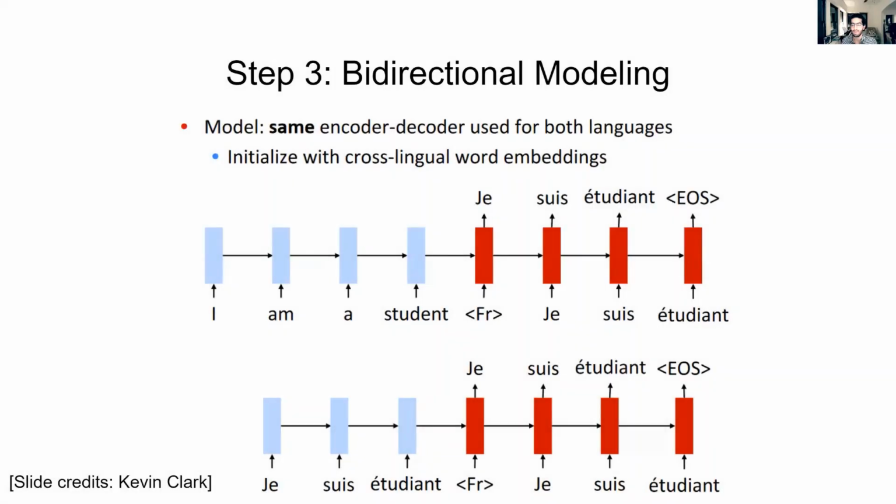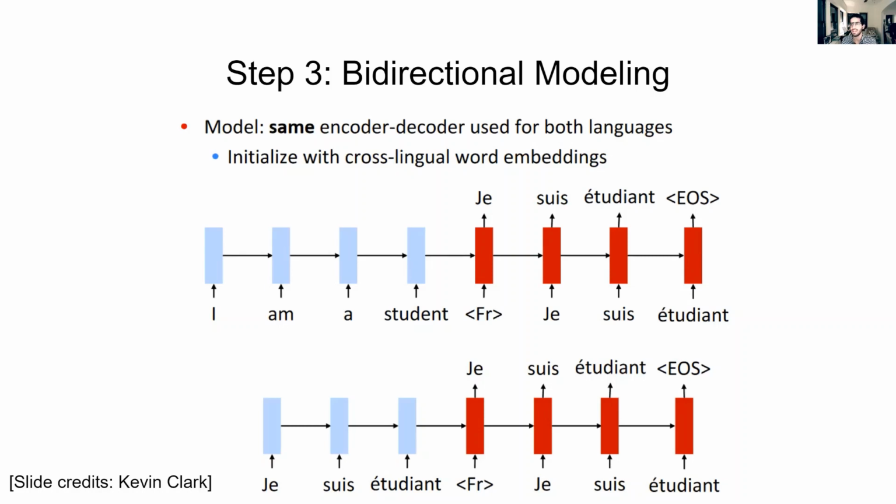So the third thing that needs to be modeled here is bidirectional modeling. What that means is that you use one single model to translate from source to target, and the same model to translate from target to source. It's the same concept as multilingual MT, where you want to maximize transfer between the two languages.